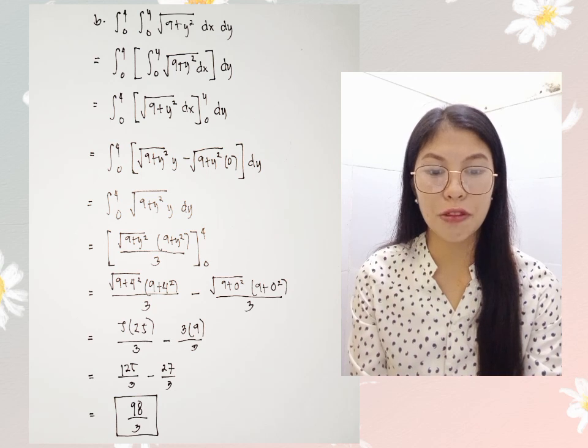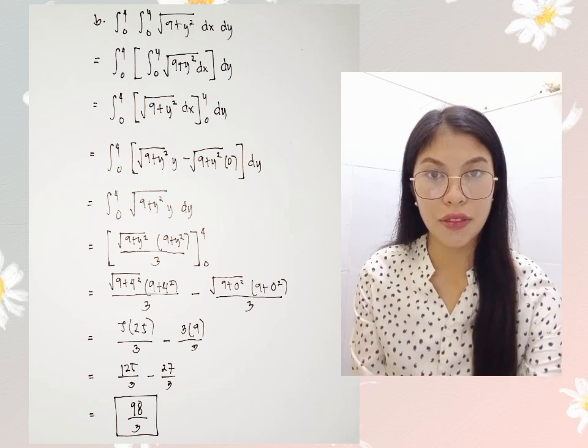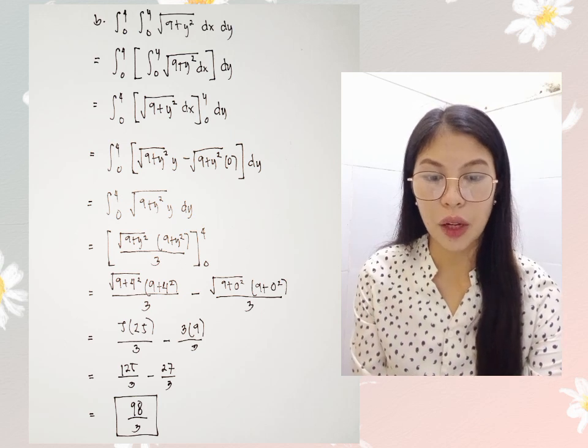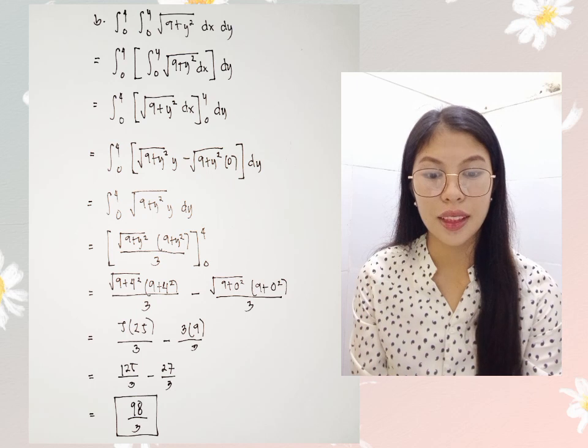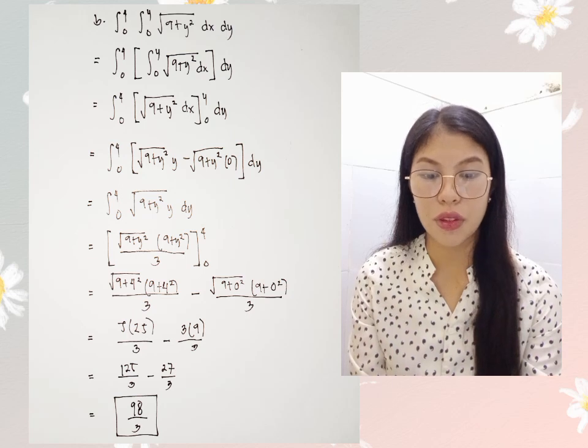So we plug in 4 and 0, but before we do that, we need to get the antiderivative of our value. The antiderivative of our value is the square root of 9 plus y squared times 9 plus y squared, all over 3.